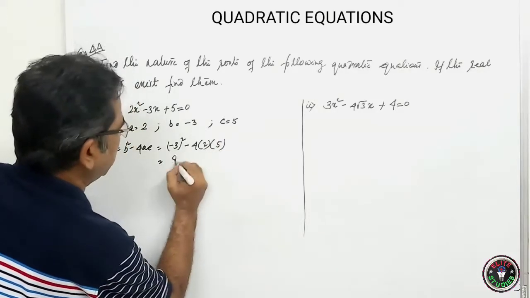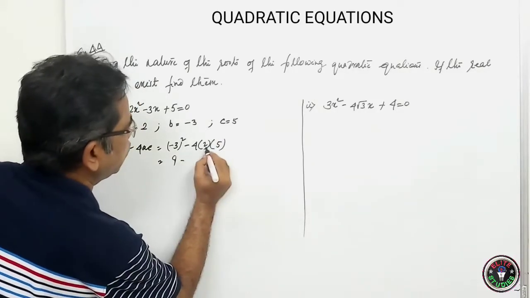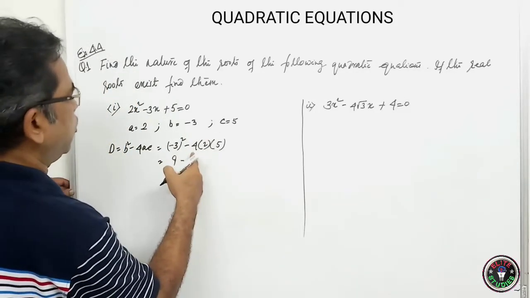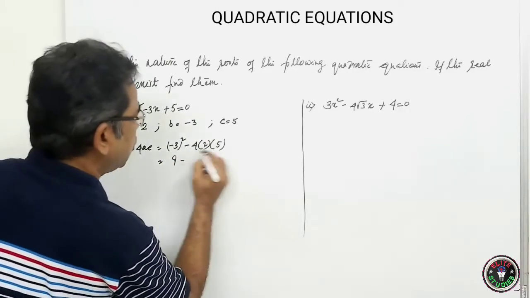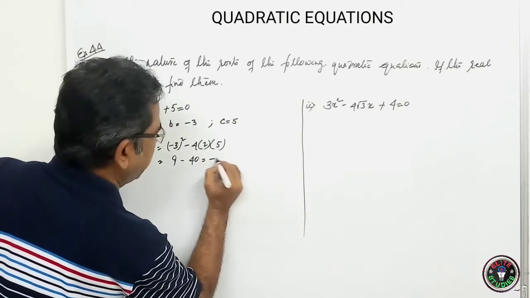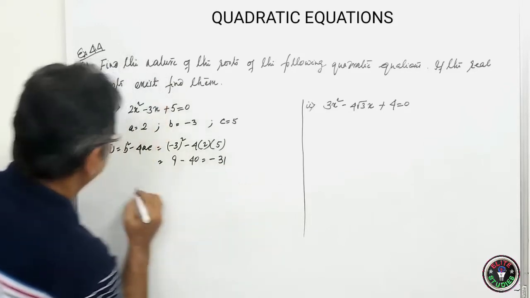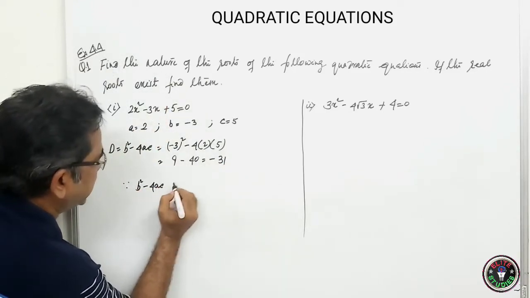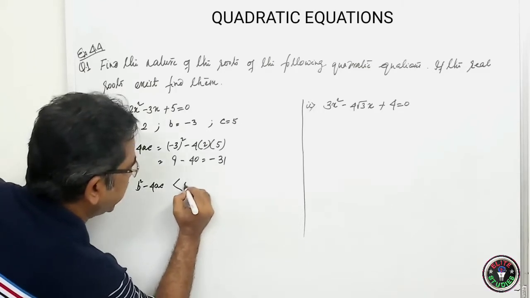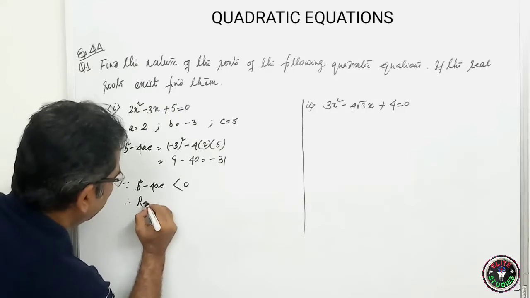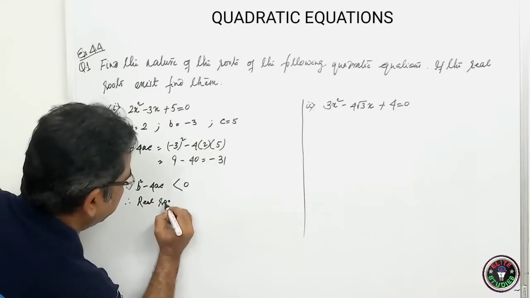So it is equal to 9 minus 4 times 2 times 5, it is 3 square 9 minus 4ac. So 4 times 2 is 8, 8 times 5 is 40. So it is minus 31. Since b square minus 4ac is less than 0, that is, it is negative, therefore real roots do not exist.